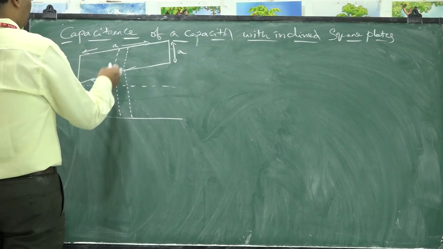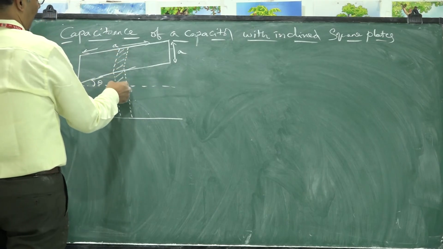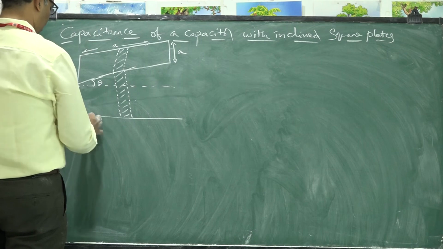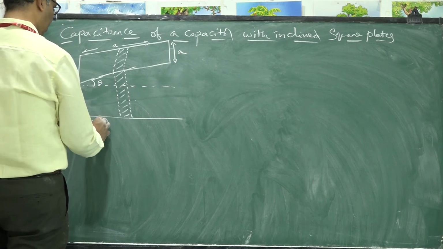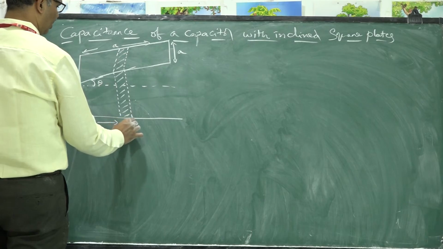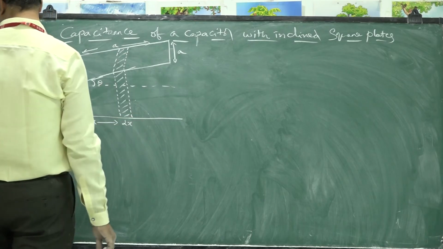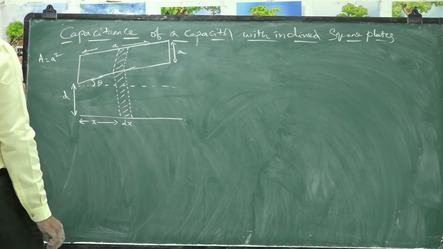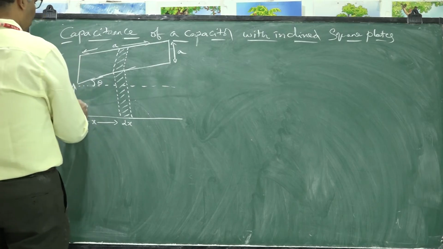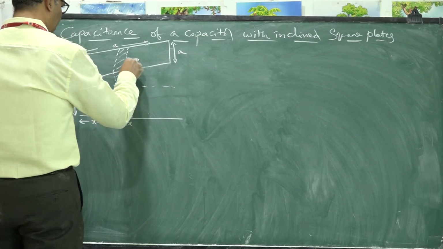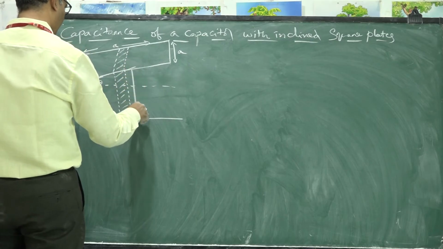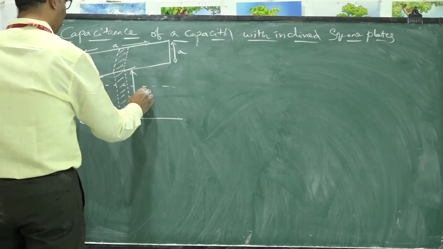This elemental part I am considering, which is at a distance x from this edge, having thickness dx. Actual separation between the two plates at this end is d. At this point, the separation is d dash.